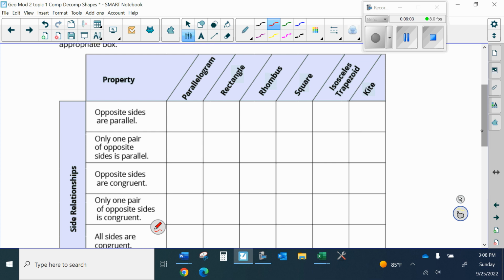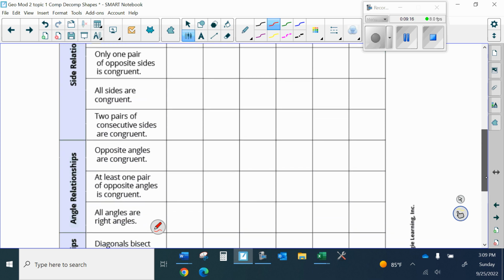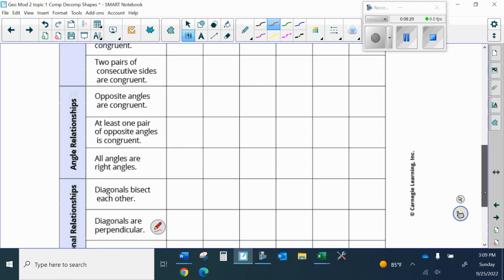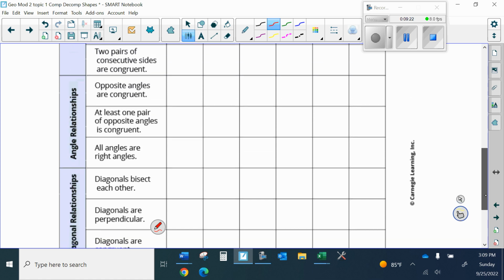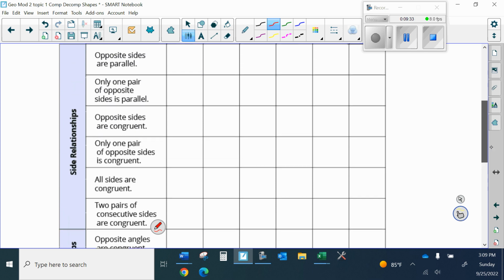Pause the video, read through it for 3 minutes, and then come back and try to answer, put a check mark for each of these that is true without looking at your quadrilateral hierarchy. I want you to do as much as you can first time through without looking. That's why I want you to study it, try to memorize as much as you can in 3 minutes. You can pause the video, then come back and fill it in off the top of your head, see what you got memorized now. And then after you've done all you can, go ahead and look at the quadrilateral hierarchy and fill in the rest.